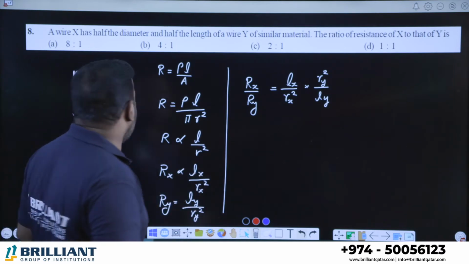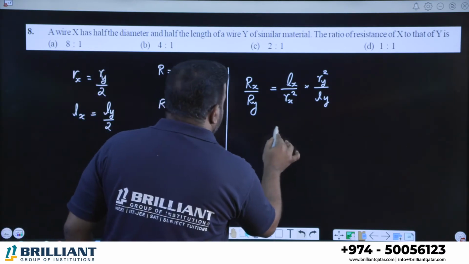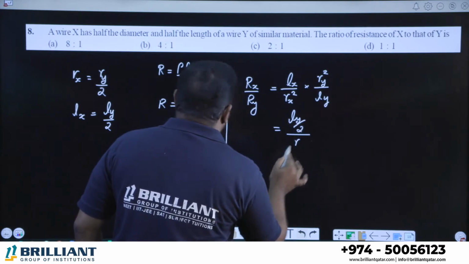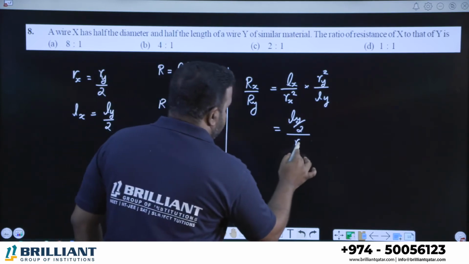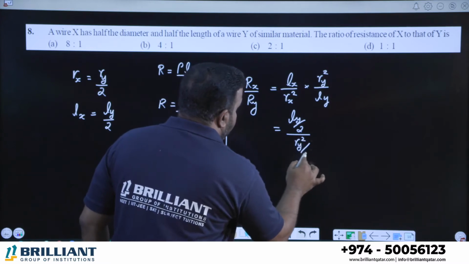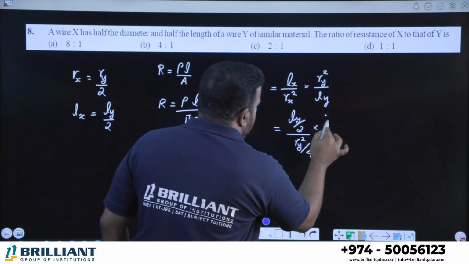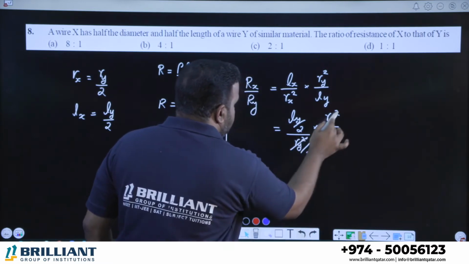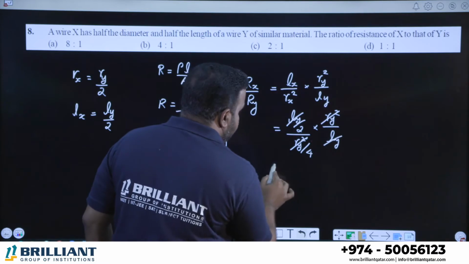Now just substitute. Lx is given as Ly by 2. Rx is Ry by 2, so Rx square will be Ry square by 4. So Ry square and Ly will be cancelled.